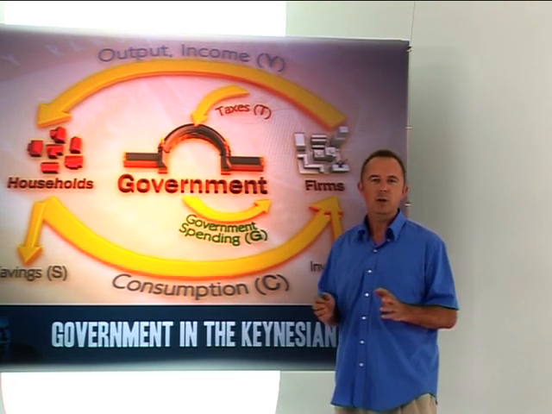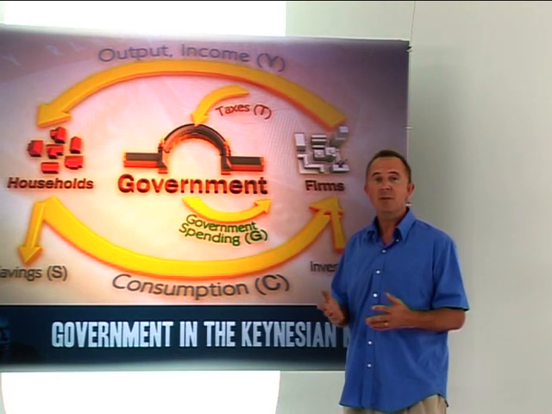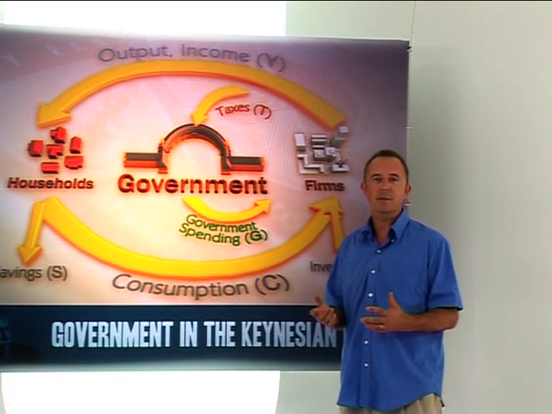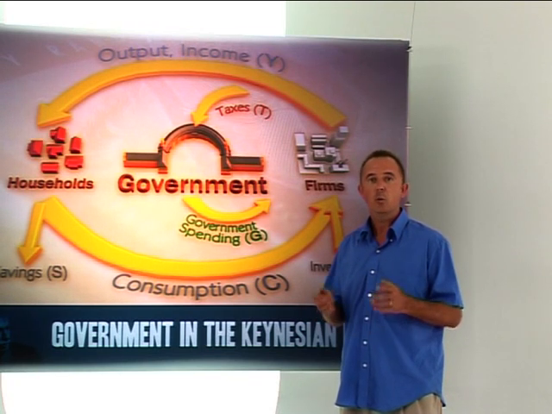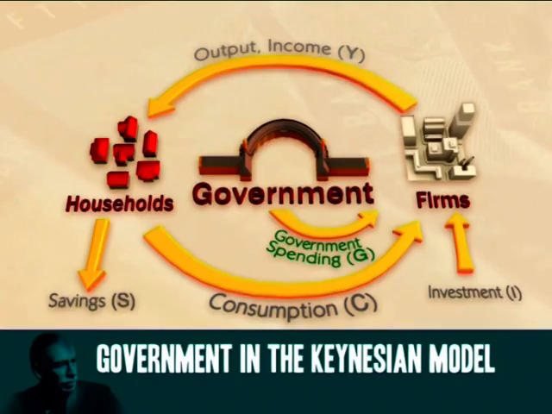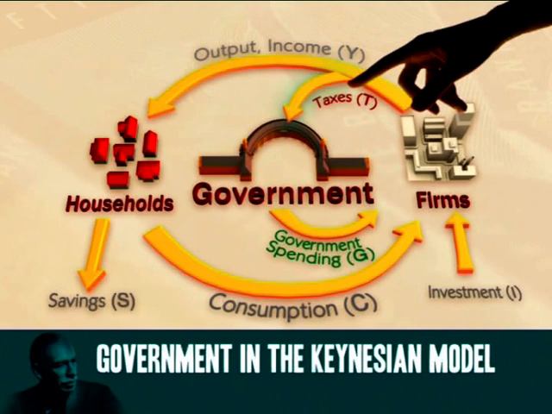Now, in the real world, countries are more likely to have a more complex, progressive income tax system, where the tax rate increases as income increases. But just to start with, we'll assume this simple, flat rate. In our model, part of all the income paid out by firms now flows to the government in the form of income tax, with the rest flowing on to households as disposable income.